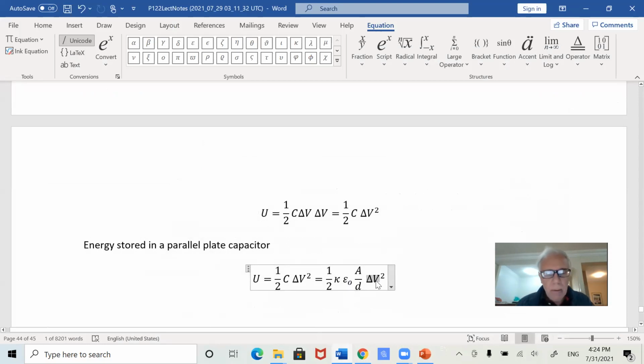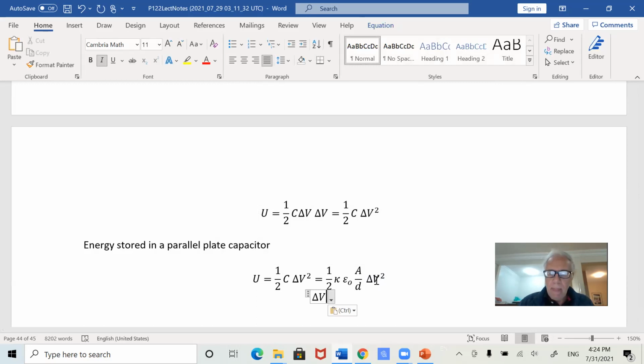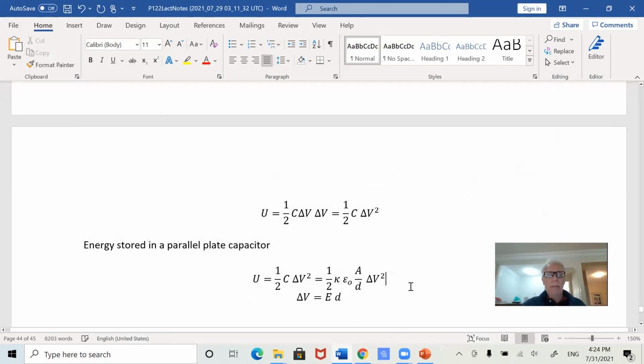So here we go for a parallel plate capacitor. Delta V is E times D, the distance between the plates.